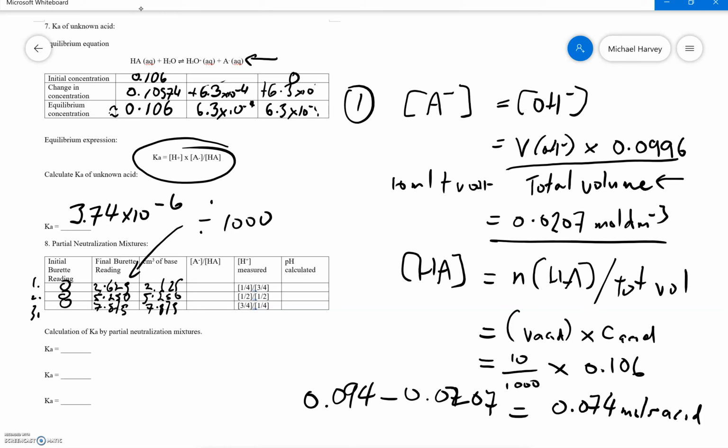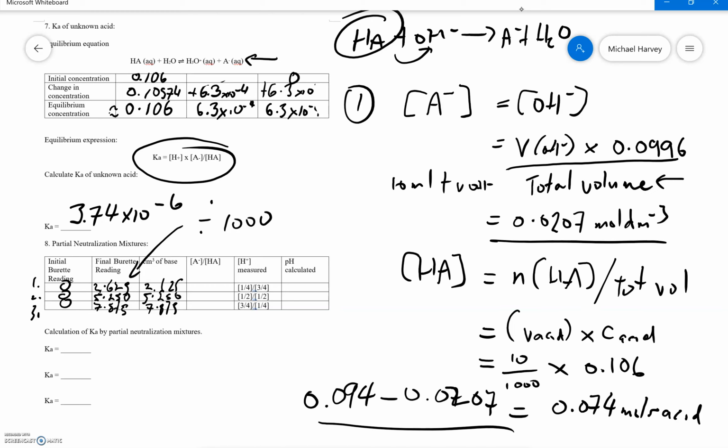Okay, so far so good. Now why is it you're subtracting? It's because the acid has now reacted with the... I'm using the wrong equation. You've got HA plus OH minus going to A minus plus water. So the acid has basically reacted with those moles of hydroxide to give that mole of conjugate base.